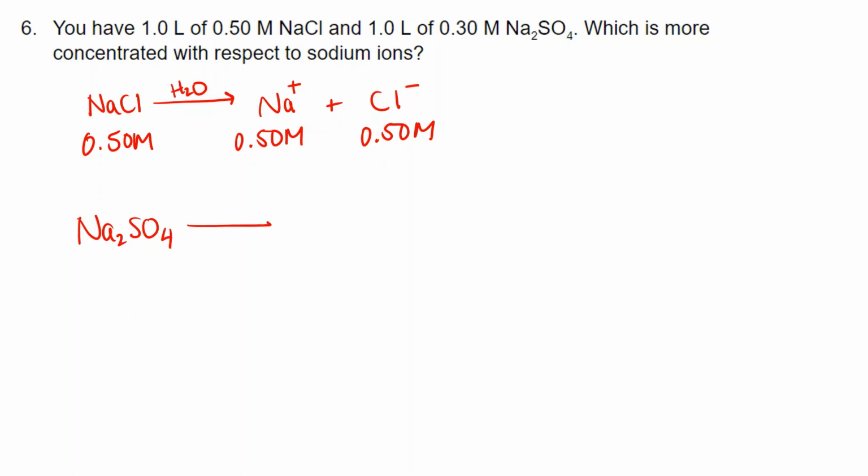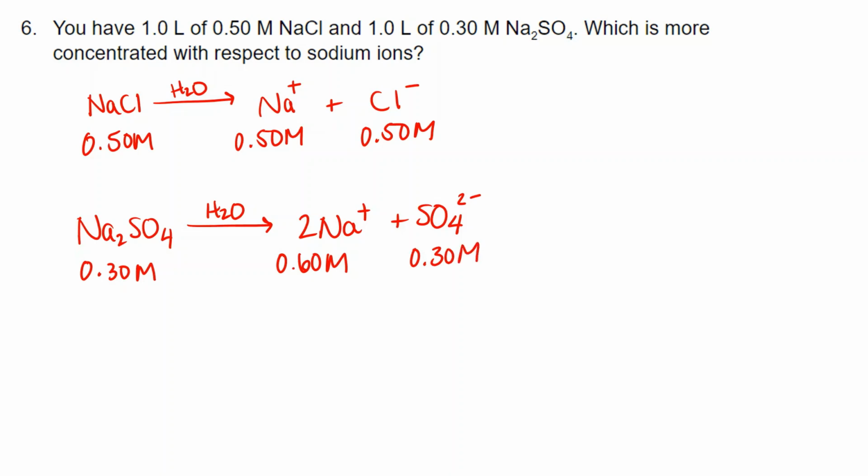Whenever we add sodium sulfate into water, we get 2 sodiums and 1 sulfate. So if this concentration is 0.30, then the concentration of sodium is double that, and the concentration of sulfate is the same. So which is more concentrated with respect to sodium ions? This guy.